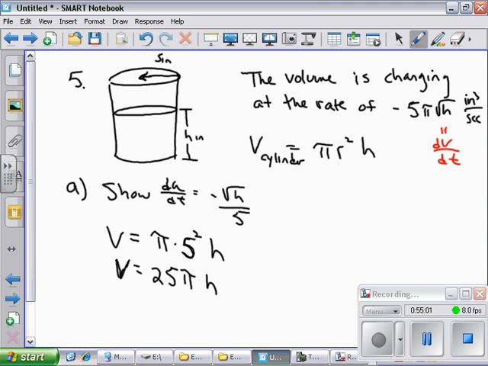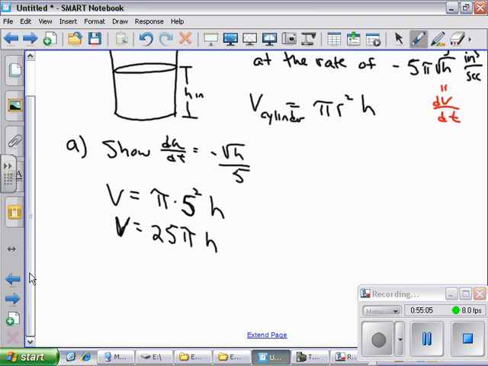You have the dV/dt, you want the dh/dt. This is a nice, easy question now. If you have dV/dt and you want dh/dt, what should you do to both sides? Take the derivative with respect to time. So we have dV/dt equals 25 pi dh/dt.